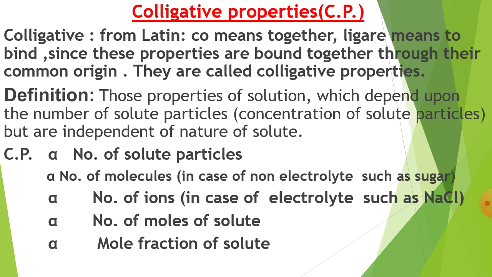In NaCl 2 ions are present, in K2SO4 3 ions are present. Also directly proportional to the number of moles of solute, and we can also say that colligative properties are directly proportional to the mole fraction of solute. So this you have to know and understand properly, the basis on which colligative properties depend.